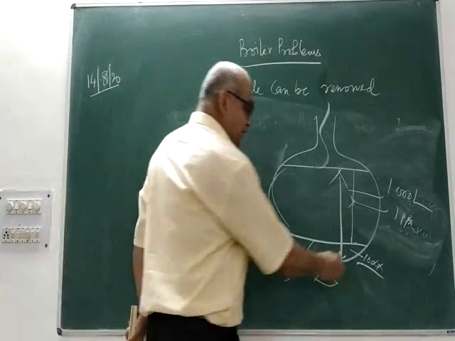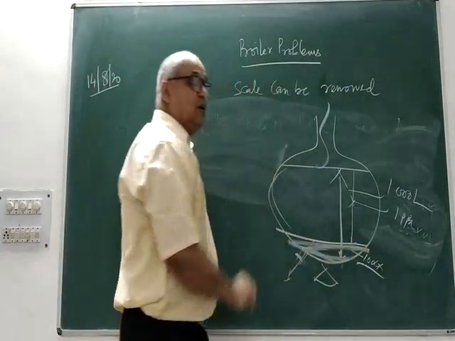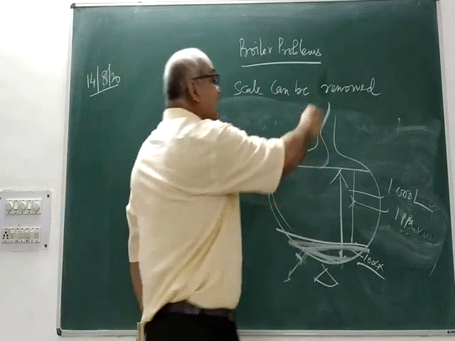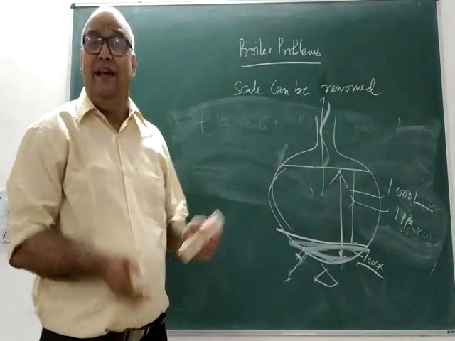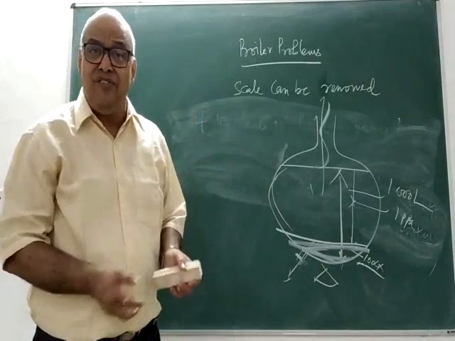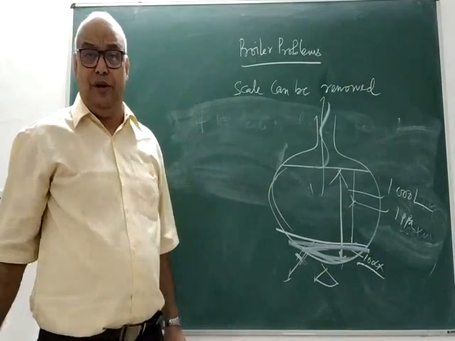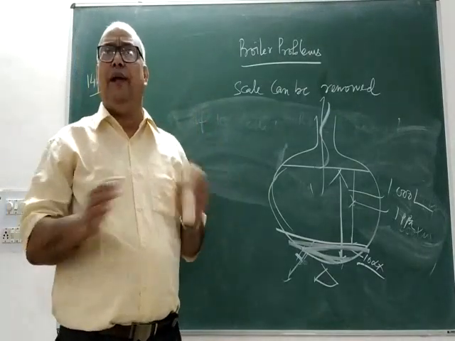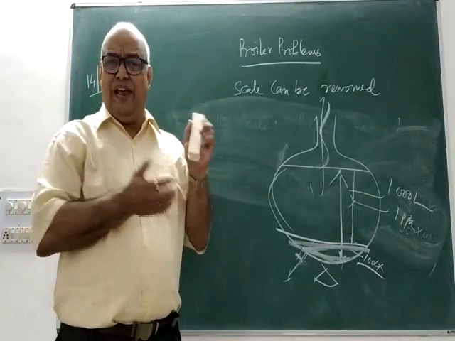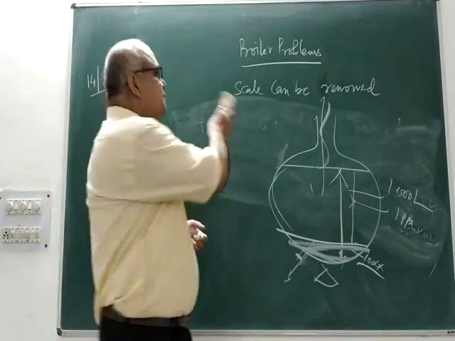As a result, there will be no more highly concentrated water. Then again let us take 1000 liters of water, and every time we will do like that. This kind of operation is known as blow down operation, and this is the best option to control or monitor scale and sludge formation.